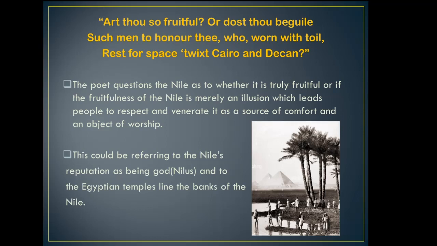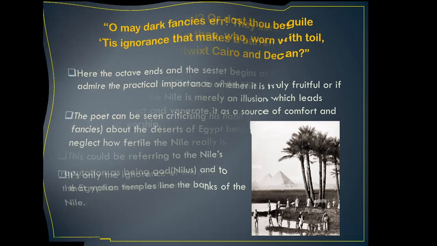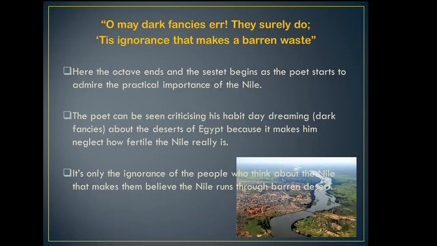Let's move on to the next slide. Oh, may dark fancies err, they surely do. 'Tis ignorance that makes a barren waste. Here the octave ends and the sestet begins, as the poet starts to question the mythological beauty of the Nile and starts to see the actual practical beauty and importance of the Nile.